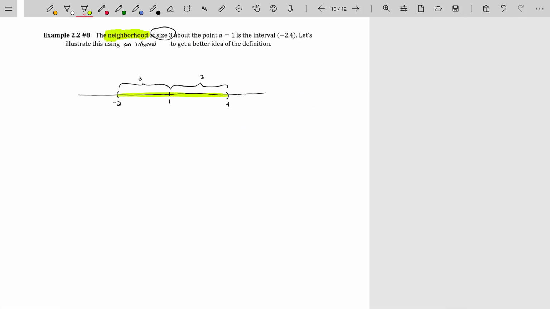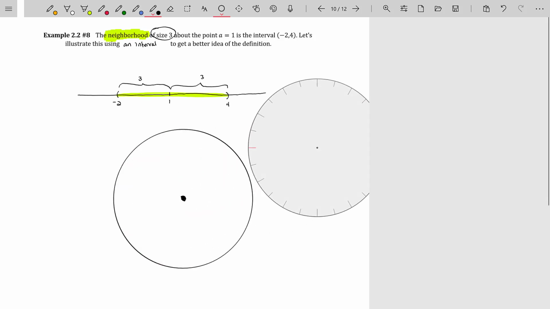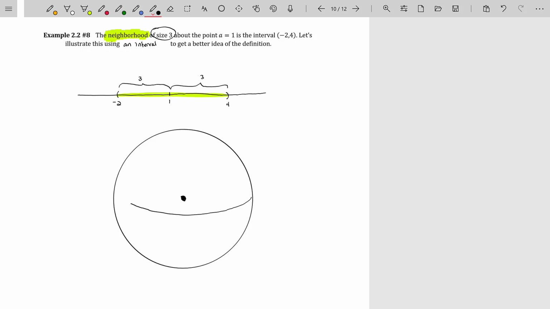And by the way, neighborhoods don't need to be two-dimensional. You could say, I have a neighborhood about the point in space right here, and that neighborhood is of size 2, for example. So I just draw a ball, is what we'd call that. Draw a ball in space. And I'm going to illustrate that it's 3 dimensions. So there's a sphere.